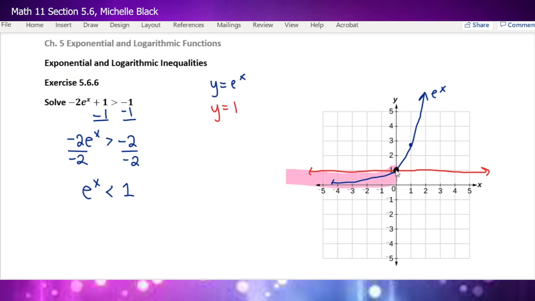At x equals 0, these two graphs are equal, which I don't want. I want strictly less than. So this is going to happen when x is less than 0, or from negative infinity to 0, not included.